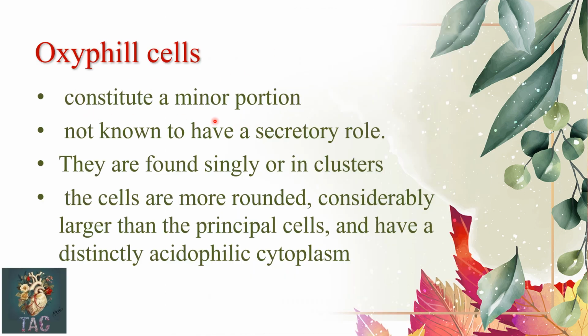Oxyphil cells constitute a minor portion and are not known to have a secretory role. They are found either singly or in clusters, and the cells are more rounded, usually larger than the principal cells, and have distinct acidophilic cytoplasm. So these points, larger than the principal cell, prominent acidophilia, and a rounded cell present singly or in clusters, help to differentiate between the principal cells and the oxyphil cells.